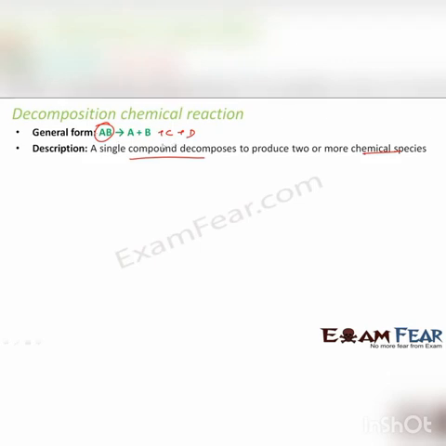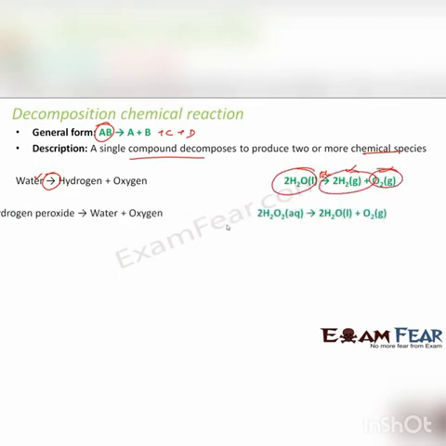The concept here is one compound breaks into multiple compounds. For example, you have water, you pass some electricity through it, and that becomes hydrogen and oxygen. This is electrolysis, where water as one compound breaks into two smaller compounds.